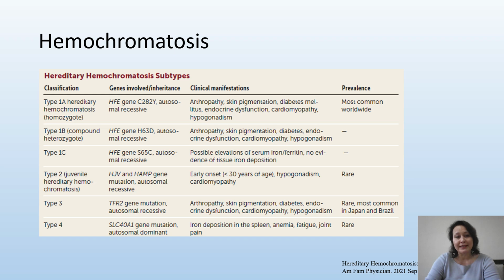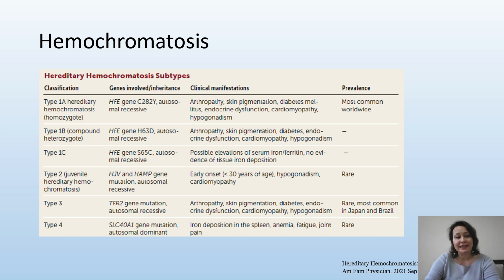Hereditary hemochromatosis is a homozygous type which presents with abnormal HFE gene with the mutation C282Y, an autosomal recessive mutation, and a patient with this type of hemochromatosis has clinics of joint disease, skin pigmentation, diabetes, endocrine dysfunction, cardiomyopathy and hypogonadism.